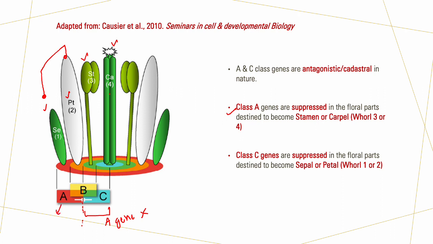And if you look at this region, C genes are suppressed. So C genes are not working in whorl number 1 and 2, while A genes are not working in whorl number 3 and 4. That means A and C are enemies of each other, or they're cadastral or opposite in nature.